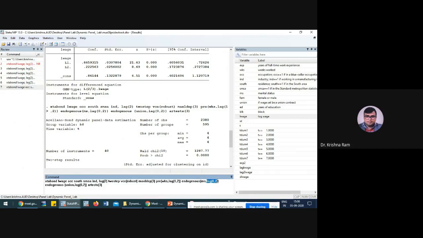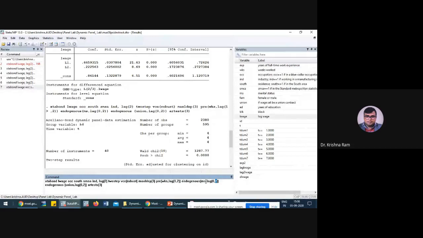If you see this lag 0 2, the first one, 0, means the level values of the MS variable are endogenous, and 2 we are assigning here for two instrument variables for this particular variable.